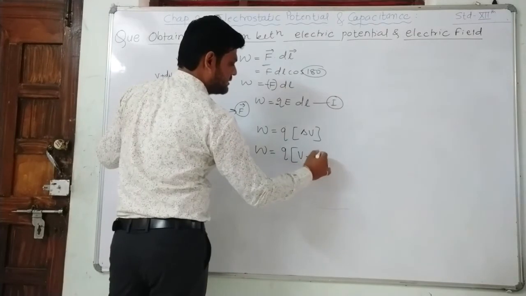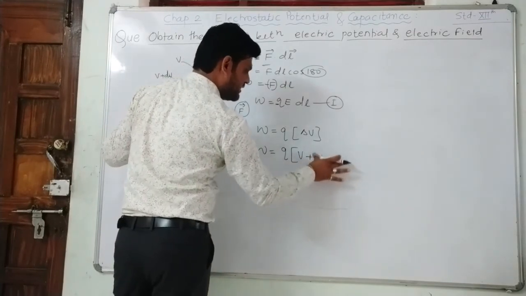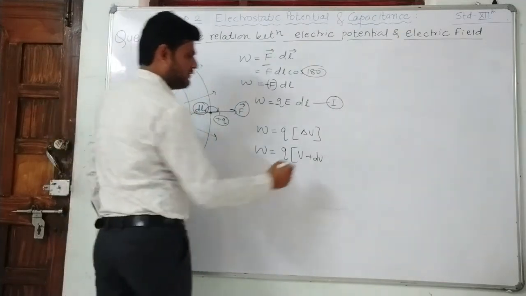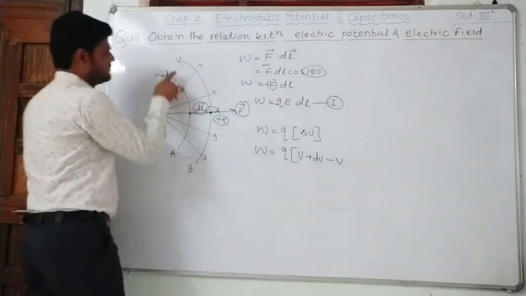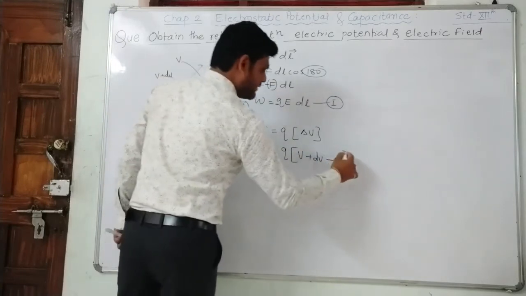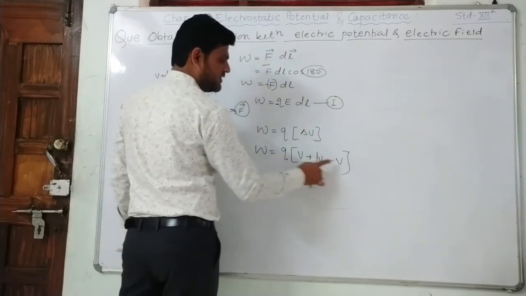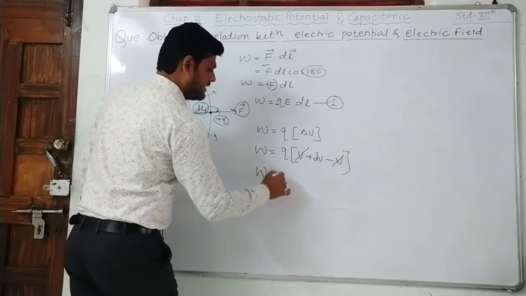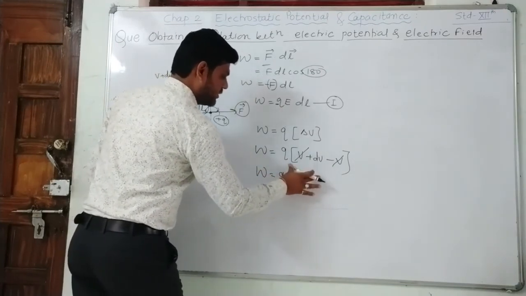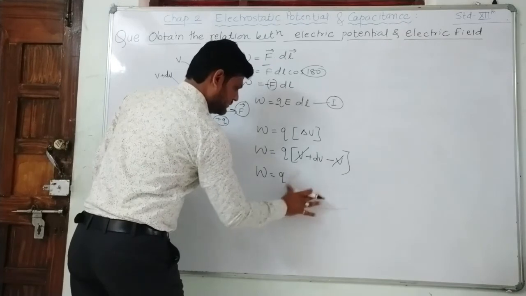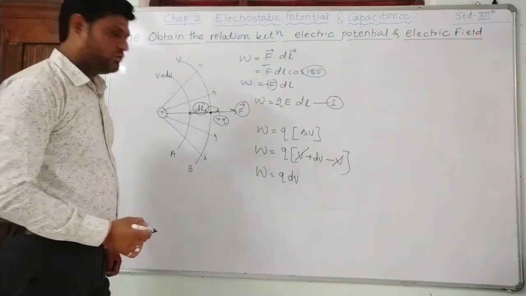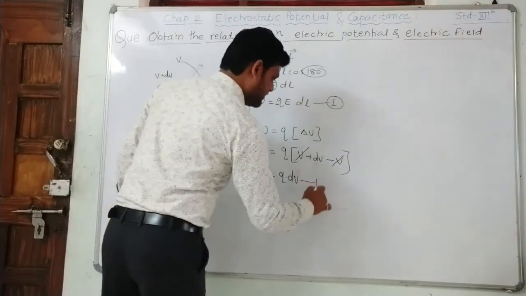What is the potential of the initial point? That is V. So here the plus V and minus V get cancelled. So W equals Q into dV. This is the second equation we obtain.